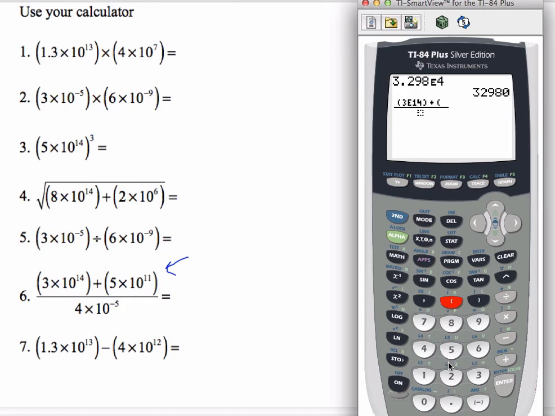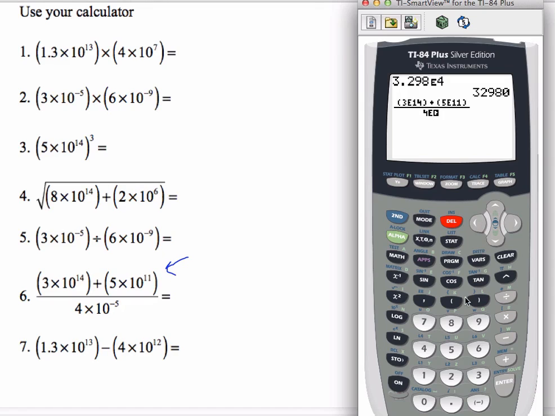plus 5e11, so we have 4, and then at the bottom we have 4e -5. Or actually, sorry, don't put it on to the power of.